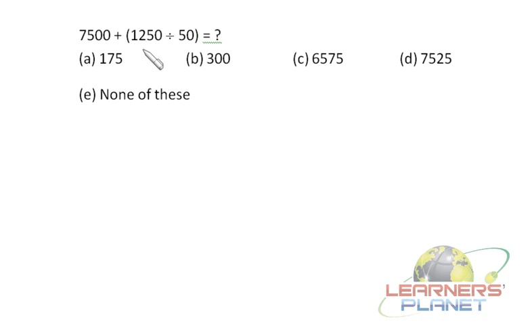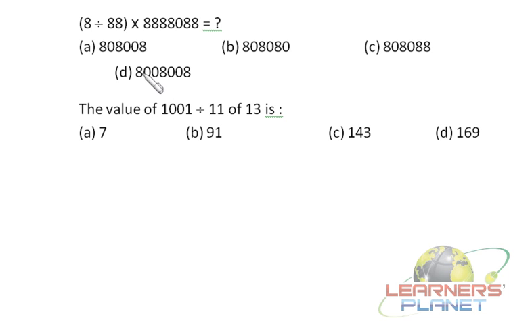Now in this problem, first of all we have to find out 1250 by 50, that is 0 from 0 is cancelled, then 125 by 5, that is 25. So 7500 plus 25 will give 7525 as the answer. A very simple application of Bodmas. Now see this problem. 8 divided by 88, that is 11.